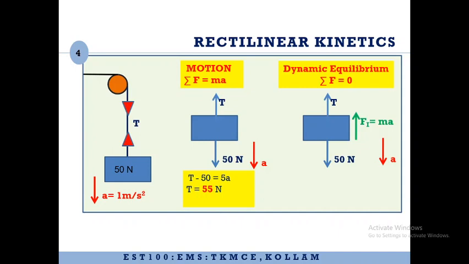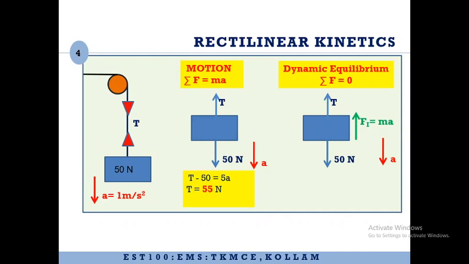When we say dynamic equilibrium, it is the equilibrium of the body at any instant we are considering the inertial force to act on it. Inertial force is not acting throughout the state of motion of the body. It is only an imaginary force which we are assuming to act on the body, and under its action the body comes into a state of dynamic equilibrium, that is, equilibrium while in motion.